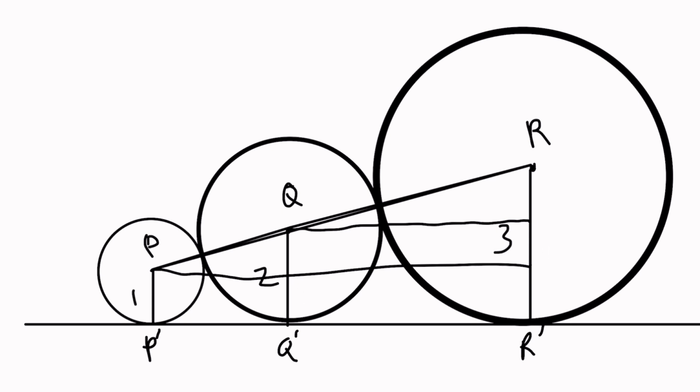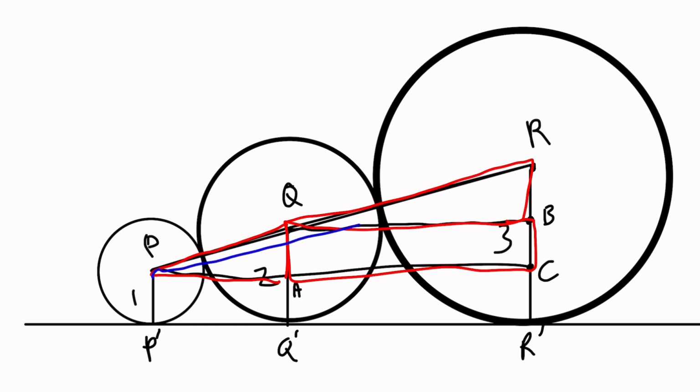And so by that, let's say this is A, this is B, and this is C, right? Then we can take the area of PQA, and add QRB, and add ABCQ, and then subtract PRC from it, right? And so that's what we're going to do.